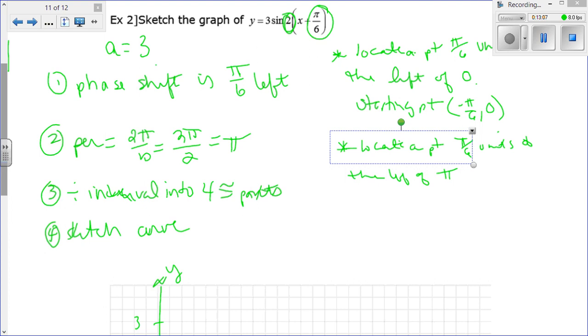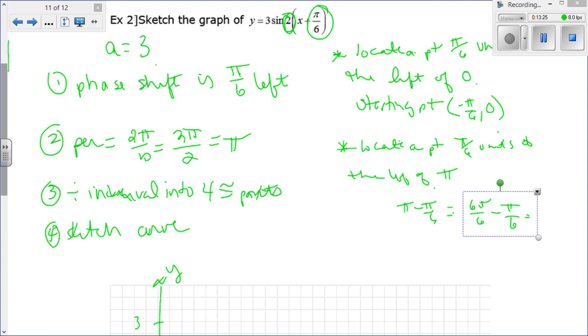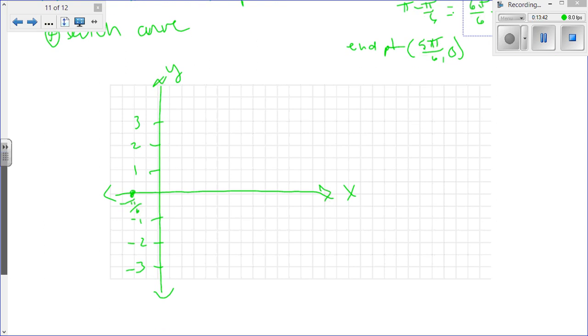So what I'm going to do is take pi and subtract from it pi over 6. This is just a fraction, so this becomes 6 pi over 6 minus pi over 6, which is 5 pi over 6. So my end point is 5 pi over 6 comma 0, because sine ends and starts at 0.